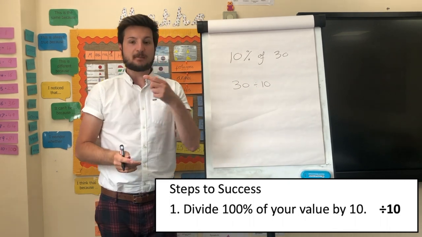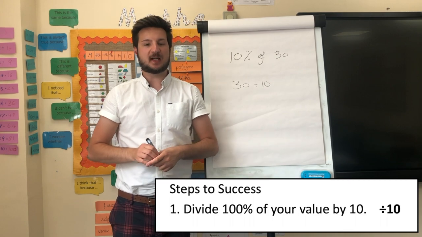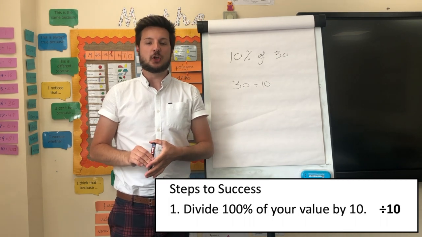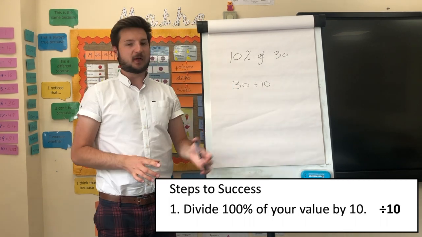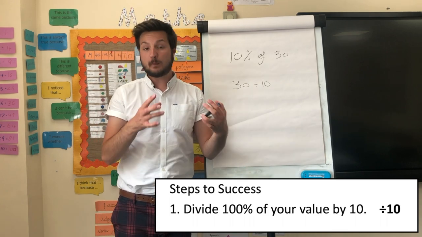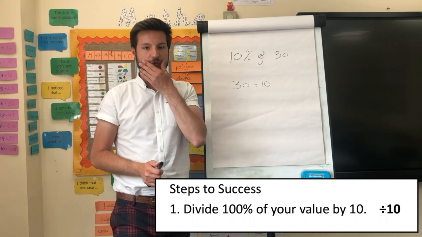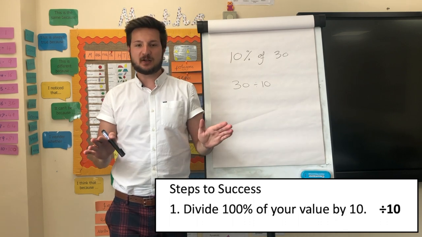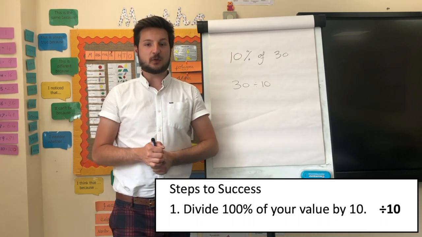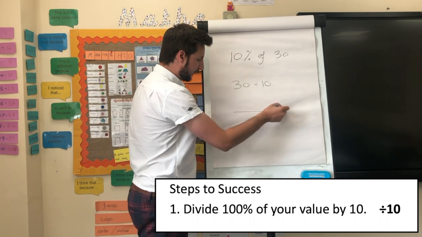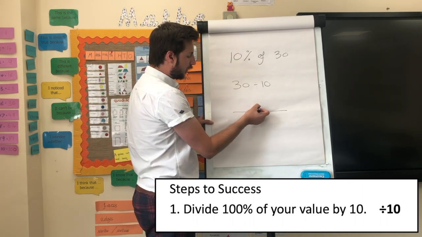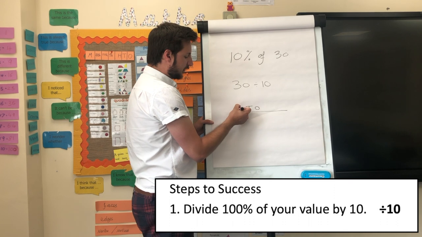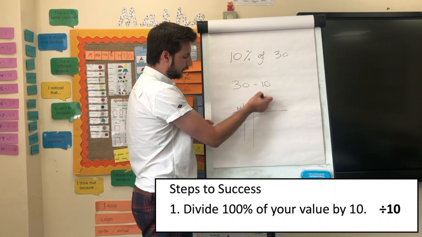Now, if you've seen my multiplying and dividing by 10, 100 and 1000s video, you'll know that when dividing by 10, 100 or 1000, or multiplying by 10, 100 or 1000, you should not use bus stop. It is not going to help you out here. Instead, you should write your place value columns. So we need our 1s, our 10s, and our 100s.